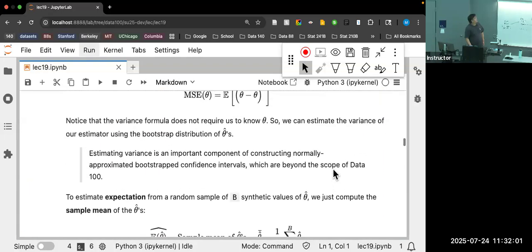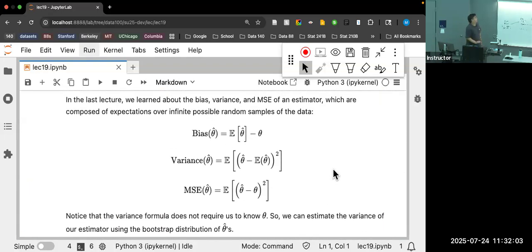So this is the takeaway down below. This is kind of the main takeaway: we cannot compute the expectation or variance of our estimator without having full information about the population or the data generating process. You need the distribution from your data generating process, or you need your entire population to compute the expectation or variance.